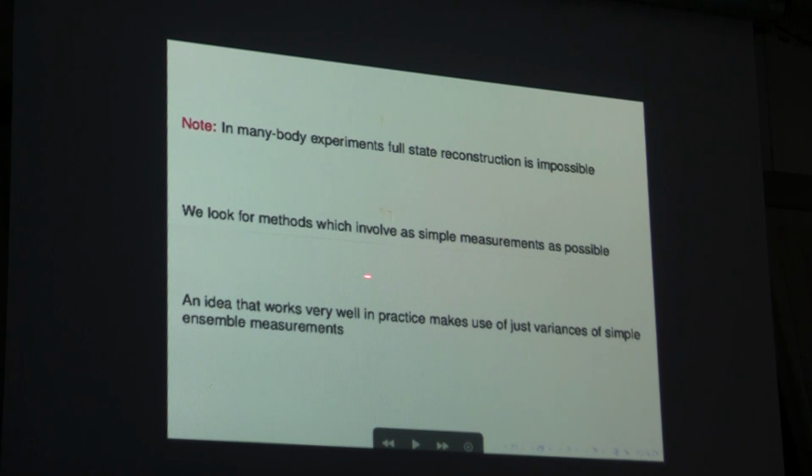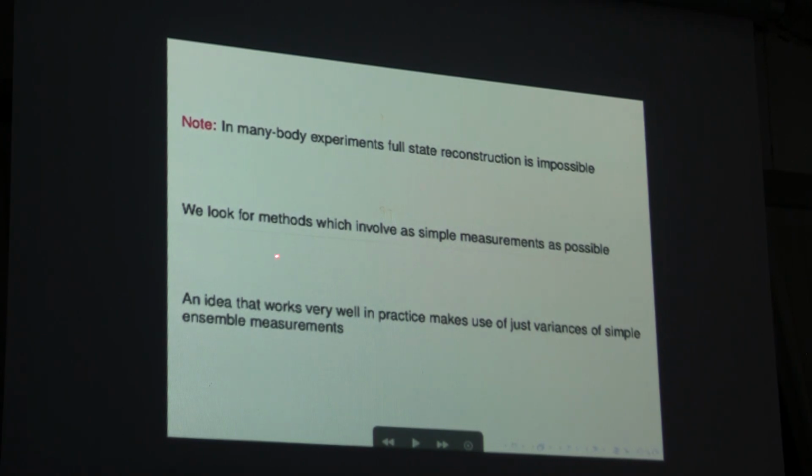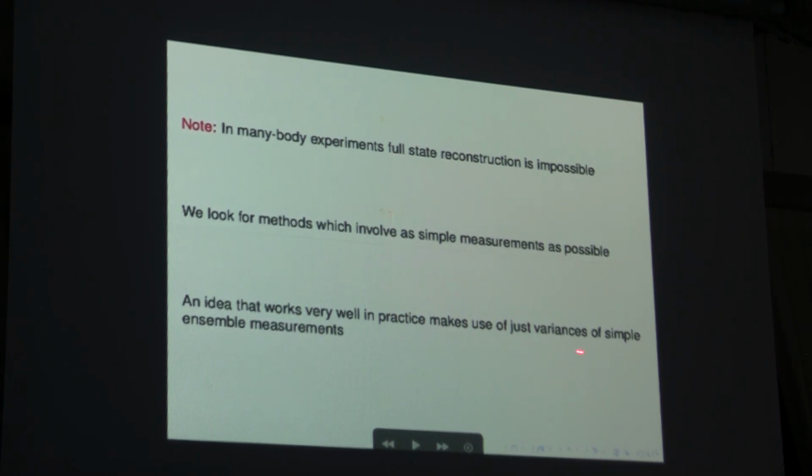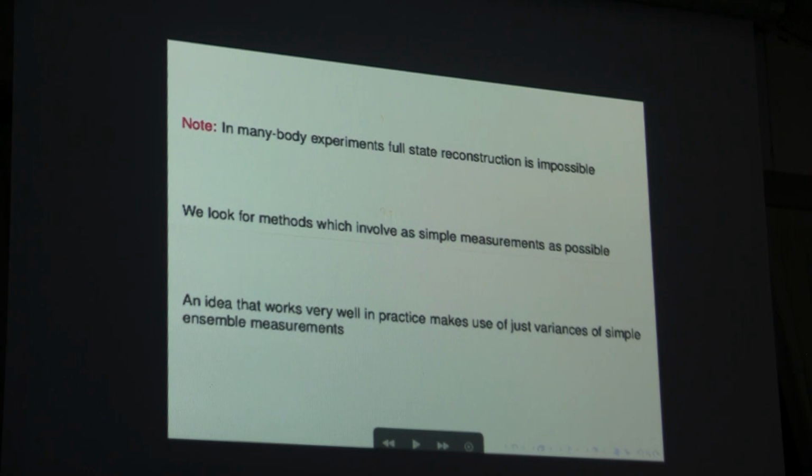And so you should use the quantities available from the measurements, which are very little as compared to the information contained in the state. But actually there are some methods that work very well, and they use the simplest amount of information you can use, which is second-order moments of ensemble measurements, which is what they can estimate from the experiments in cold atoms relatively easily.